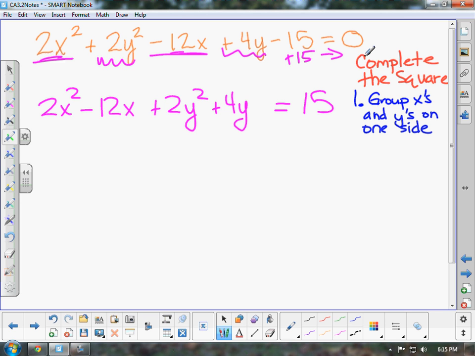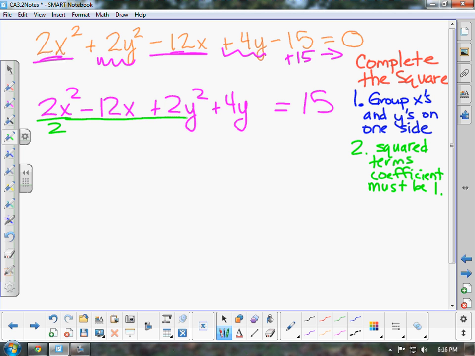Then, once you get that accomplished, the squared terms' coefficient must be 1. So because it is 2x squared right now, we need to get it to be 1, so we would have to divide by 2.